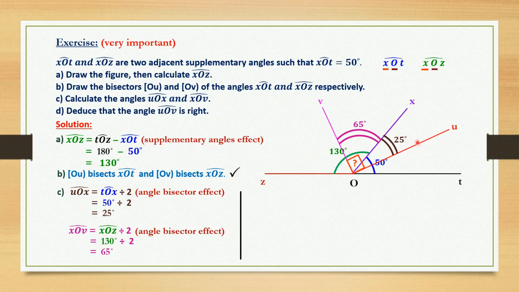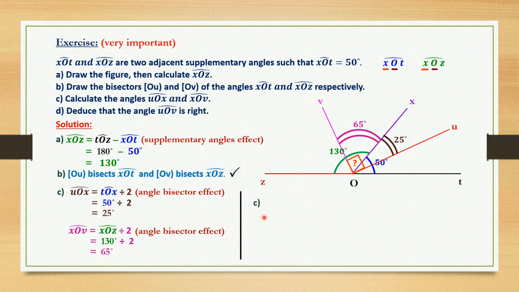We notice here that angle UOV is formed of these two angles of measure 25 degrees and 65 degrees. It means it's the sum of the two angles UOX and XOV. If we add them, we obtain 25 degrees plus 65 degrees equals 90 degrees. So we used angle addition to calculate UOV.